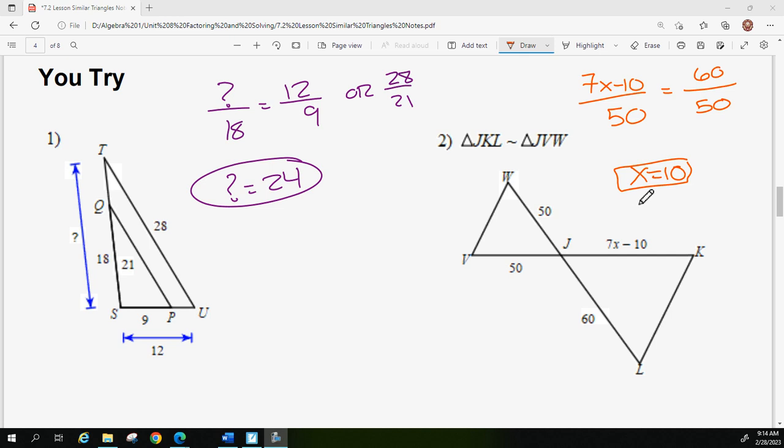If you got one or both of them wrong, or maybe you got the proportion set up wrong and then you think you did the solving correctly, please do ask for help so we can see where the problem might have happened. In this first problem, we have all the sides labeled. So this fraction on the right could either be 12 over 9 or 28 over 21. Both of those fractions would work because all three pairs of corresponding sides make fractions that are equal to each other.